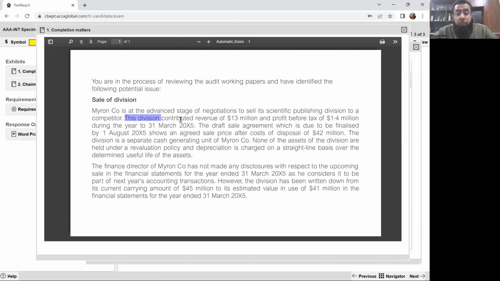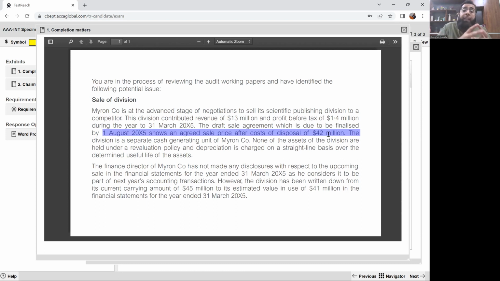This division contributed revenue of $13 million and profit before tax of $1.4 million during the year to 31st March 2005. The draft sale agreement, which is due to be finalized by 1st August 2005, shows an agreed sale price after cost of disposal of $42 million.